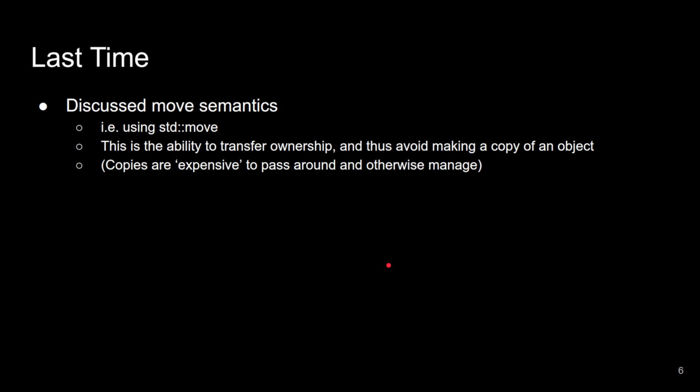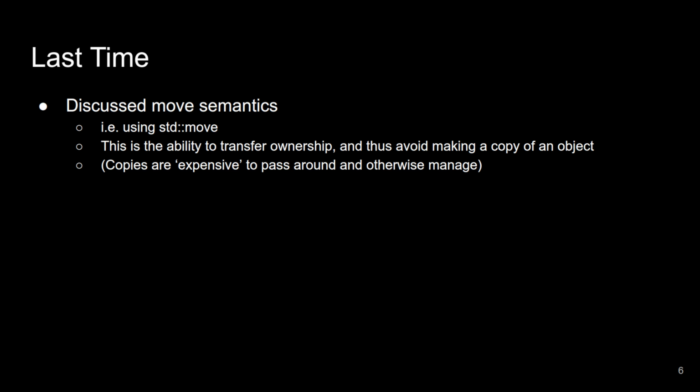Okay, so last time we discussed move semantics. So this idea of using std::move, and this is another type of constructor that we can write, another way to talk about how we construct or create a new object.